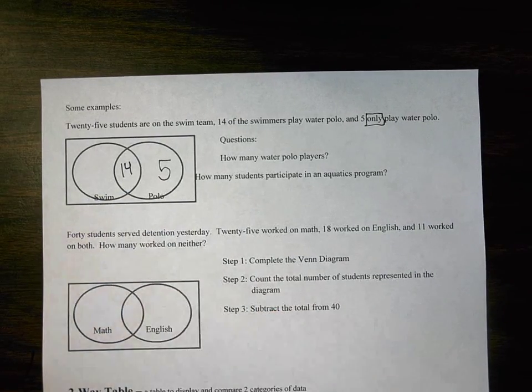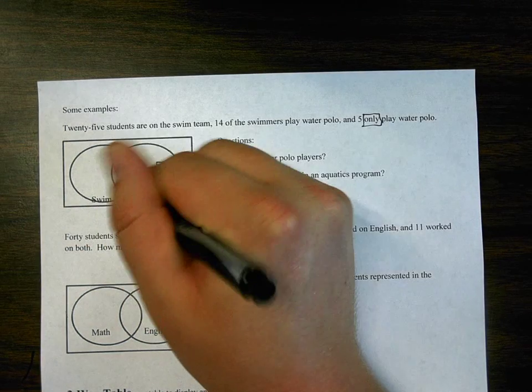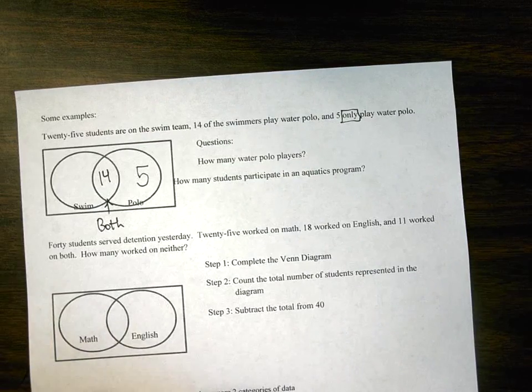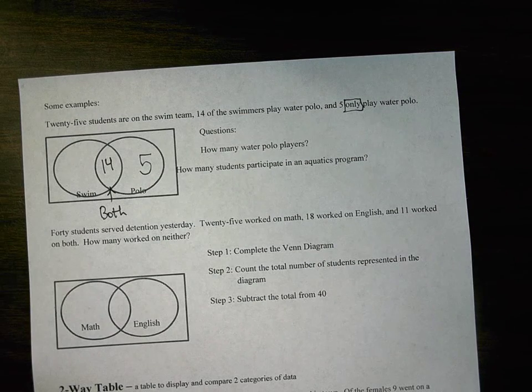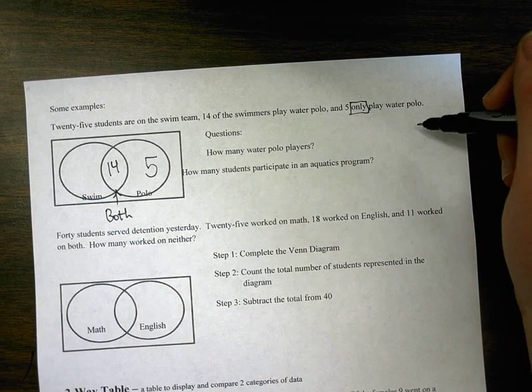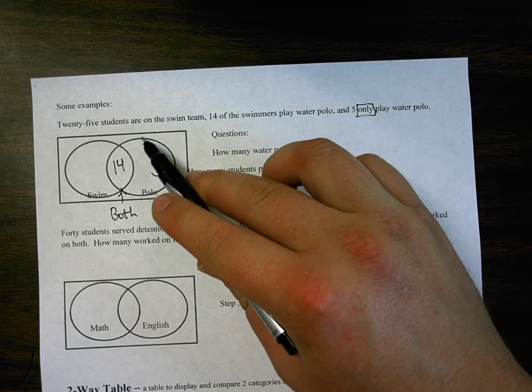So always remember that even if it's not labeled, this overlap here is the both, where it makes this football shape, sort of. It's both. Okay, and there are 25 students on the swim team. I'm taking the water polo players to not count as on the swim team, so I'm saying that 25 students are on the swim team.